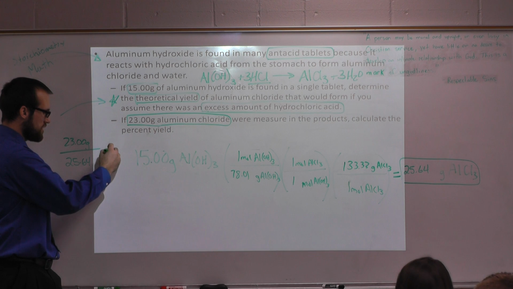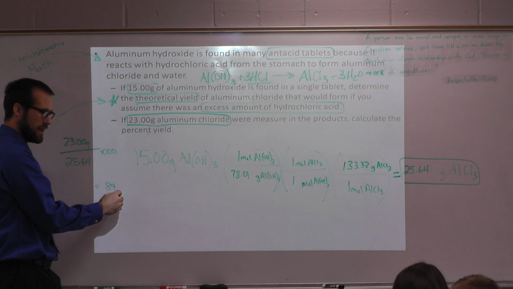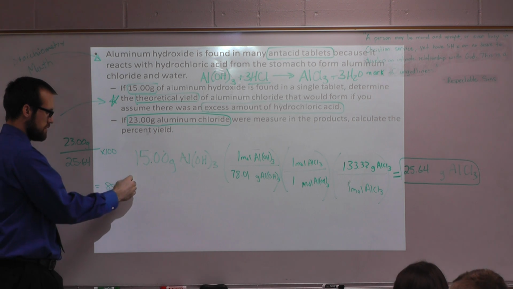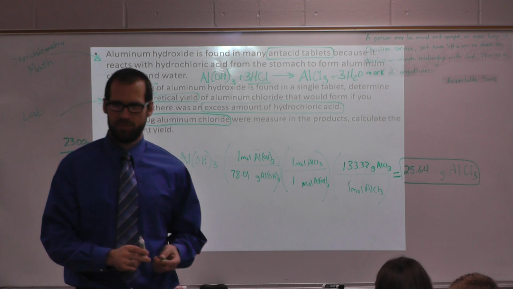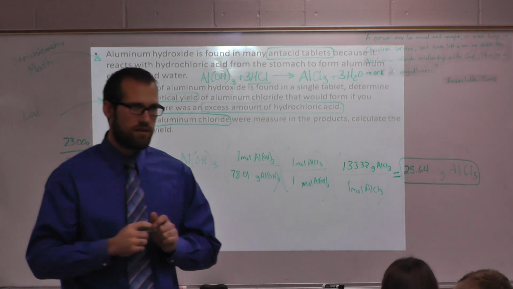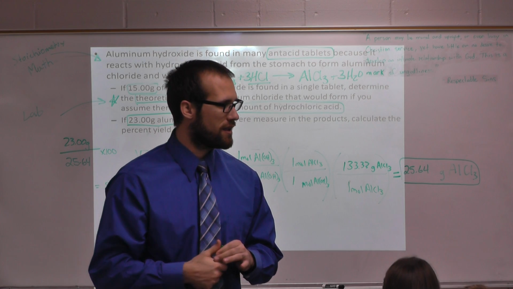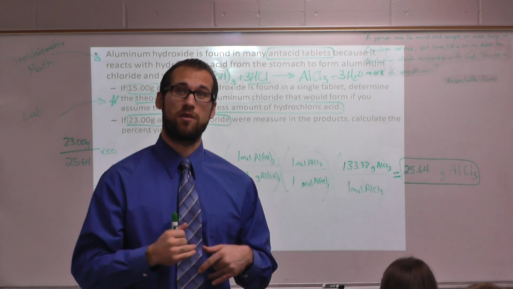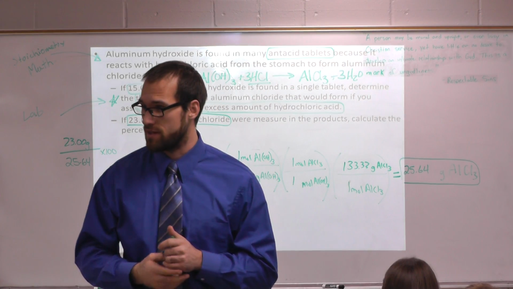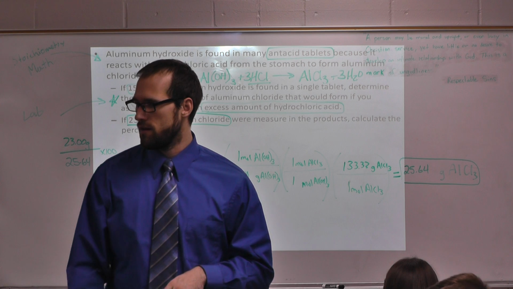Times 100, you should get about an 89.7. That's not an awful yield, but imagine losing 10% every time you do something. It's a lot of money. If you could find a way to increase the yield, that would be good. So that's from a consumer standpoint.